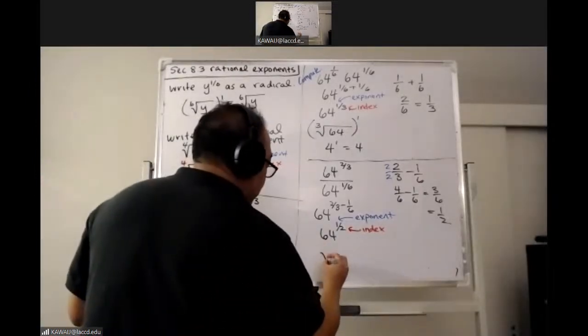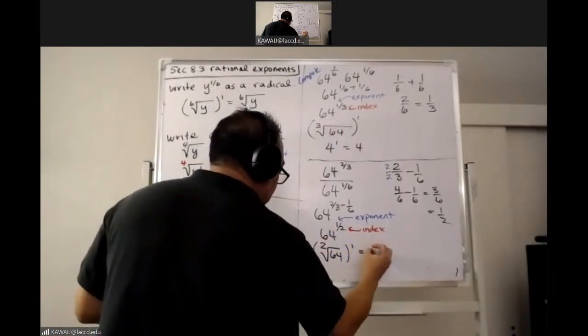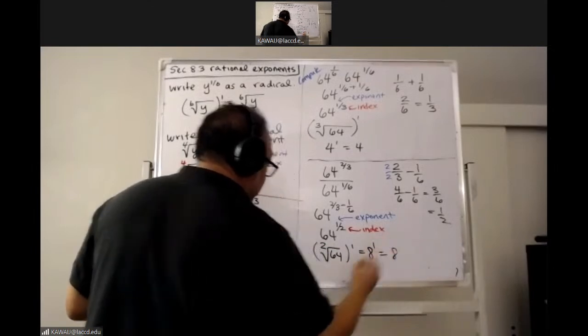Right, so then we go like this. 8 to the 1 is equal to 8.